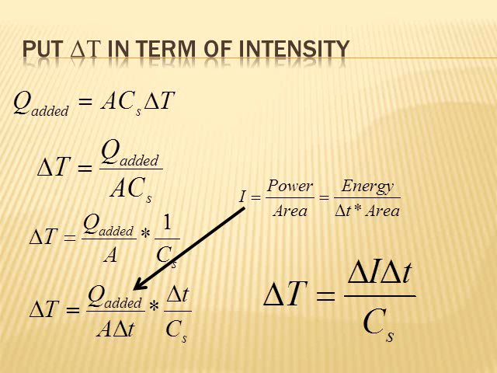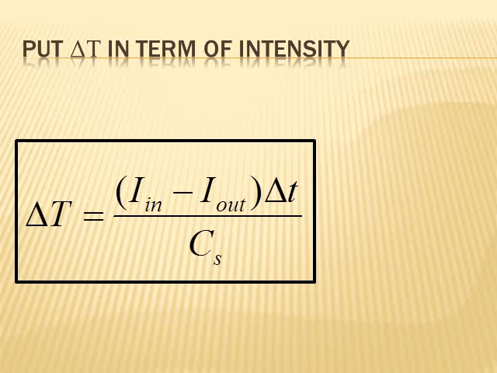Or we can rearrange, and we finally get the equation. Change in temperature is equal to your change in intensity, written out this way. In other words, intensity in, meaning the stuff you absorb, minus intensity out, meaning the stuff you emit, because you're absorbing some and then spitting it back out.